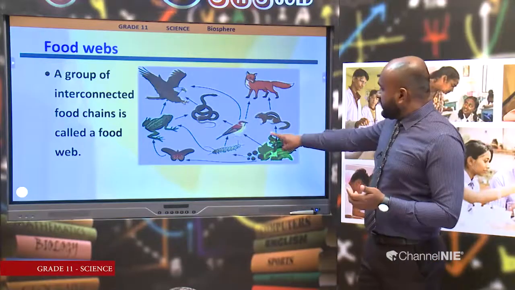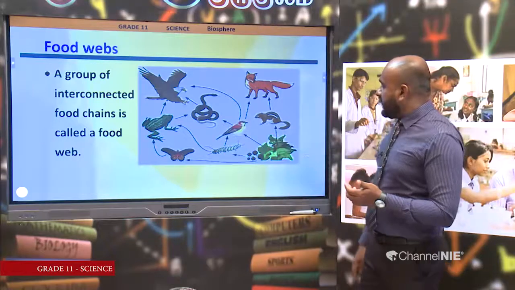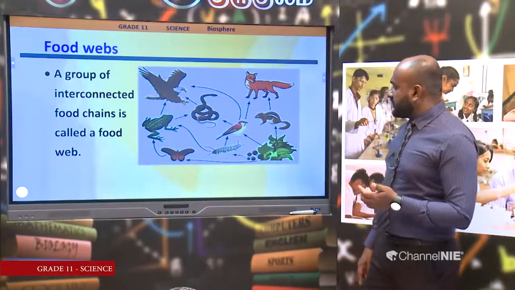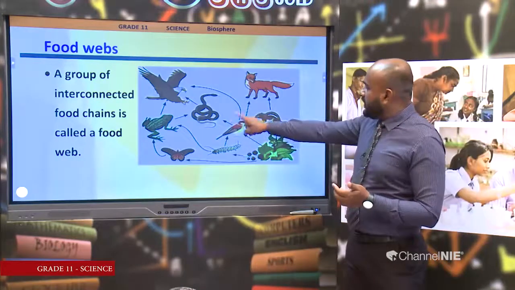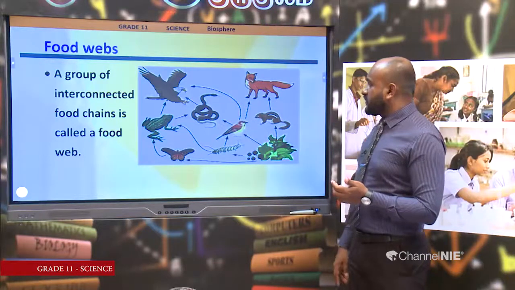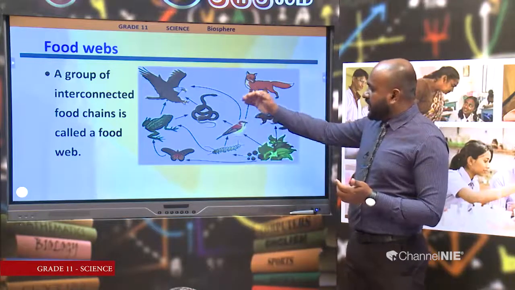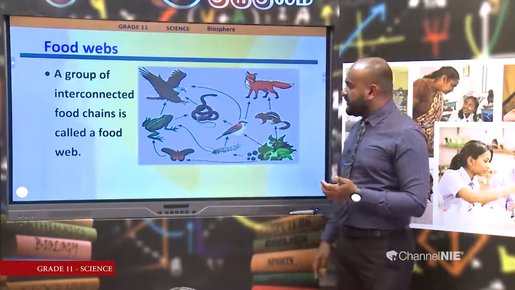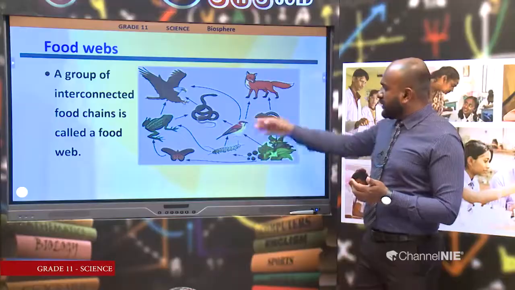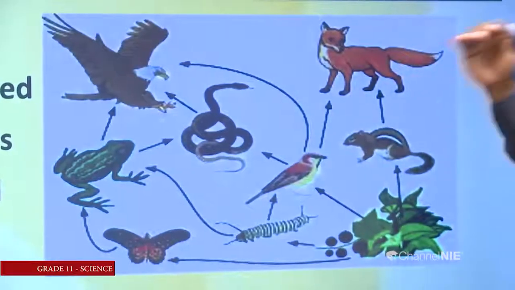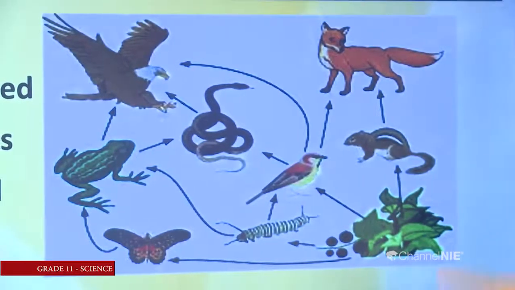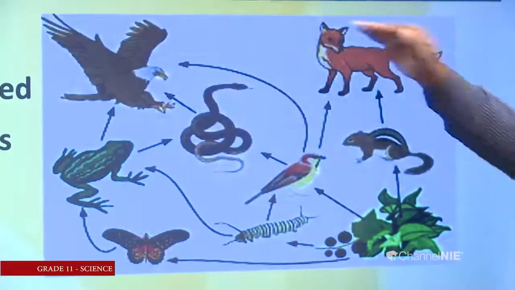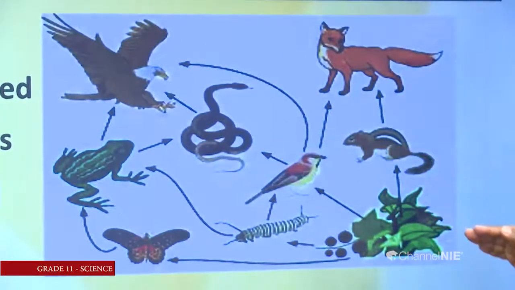You can see that here this plant is eaten by 3 animals, and this bird is eaten by 3 animals. So, in that way you can see how one animal becomes a link in several food chains. So, that is why we get interconnected food chains in the environment. This is how it exists in an environment, not as separate food chains. So, we get food webs.